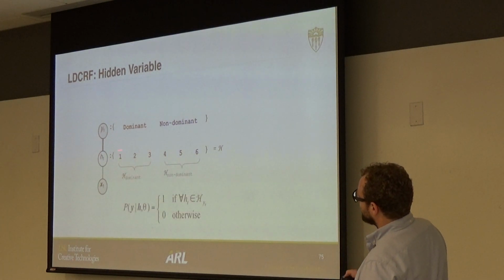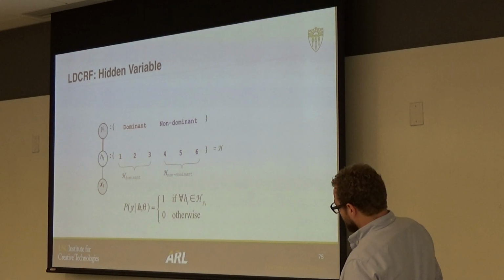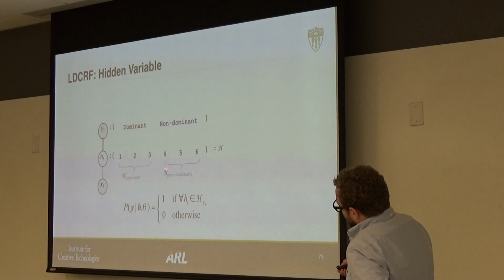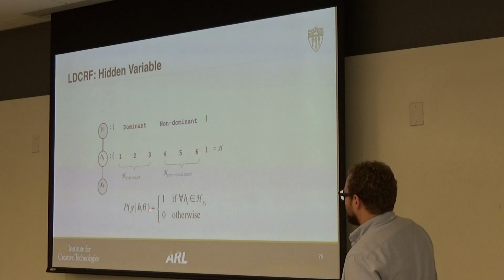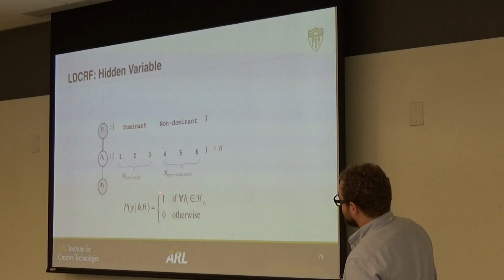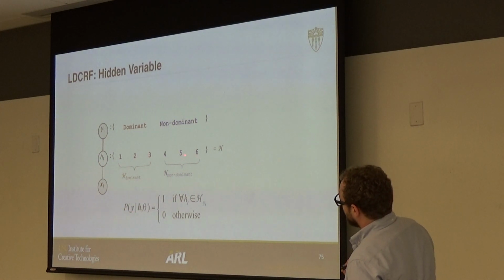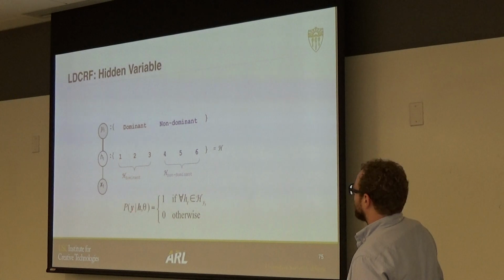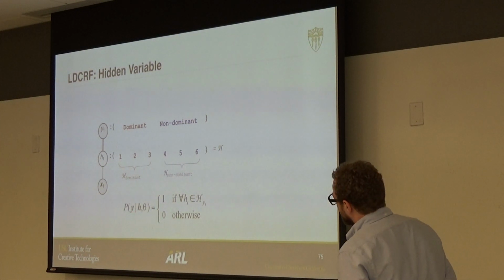We assign 3 to the dominant class and 3 to the non-dominant class, and basically these probabilities are 1 for states 1, 2, 3 if y equals 0, and 1 for 4, 5, 6 if y equals 1, or non-dominant.